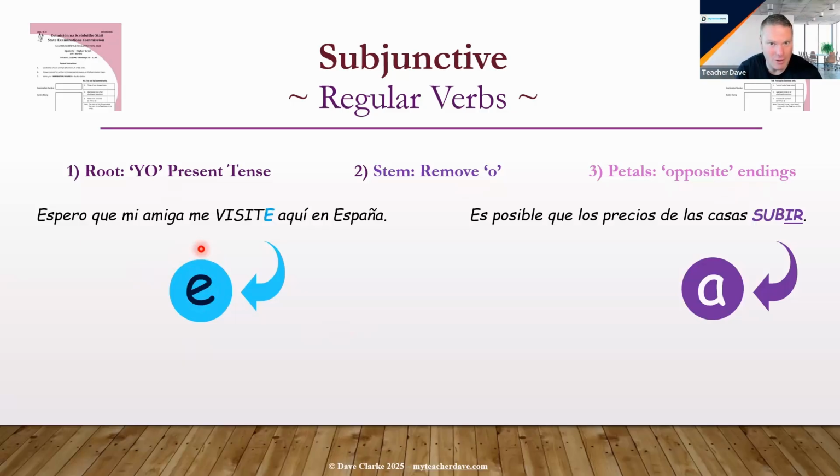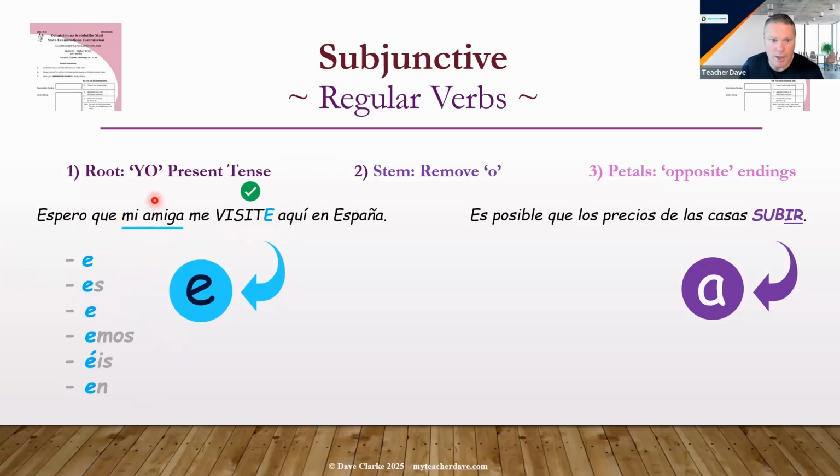Just to clarify again, guys, why is it that we have E here? Well, we have 6 options basically, don't we, when we're conjugating verbs. The top 3 are always singular and the bottom 3 are always plural. So why did we choose this one here? Well, we know we're talking about mi amiga.